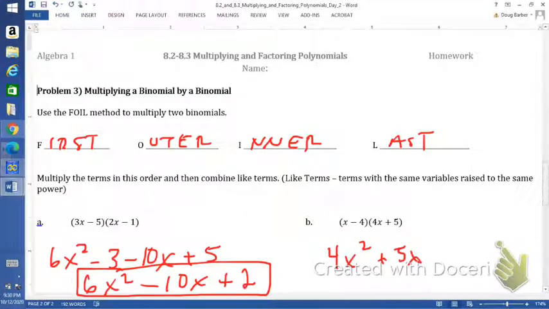The inners give us a negative 16x. And then the last, negative 4 and a 5, multiply those together and you get negative 20. So we have 4x squared minus 11x minus 20.